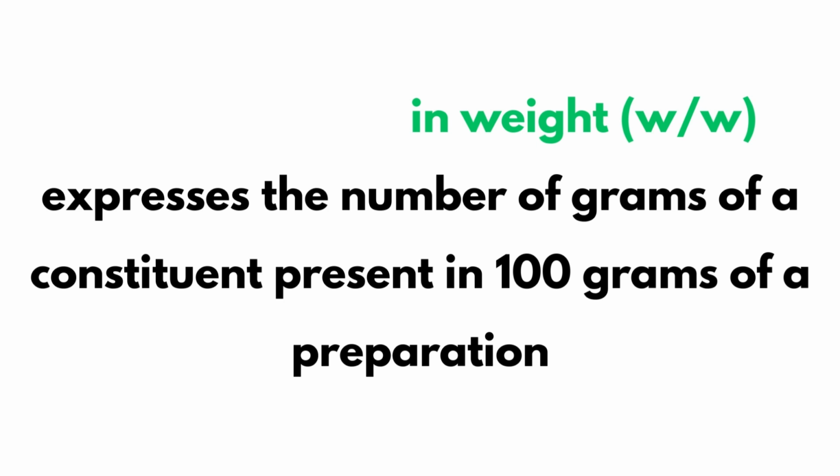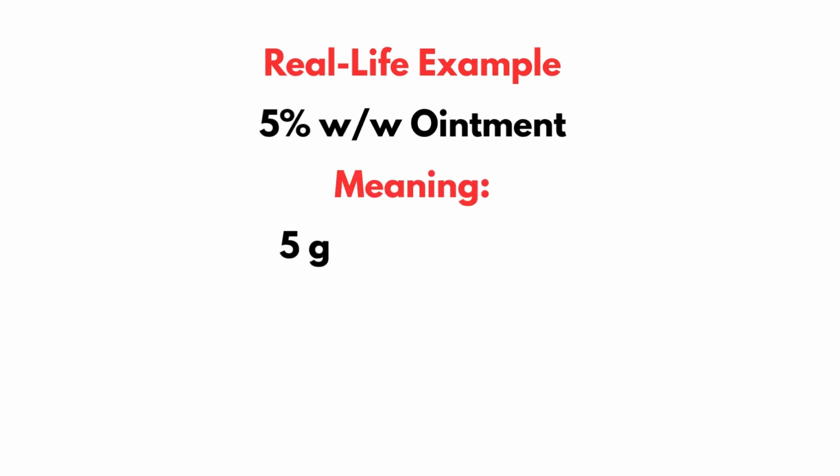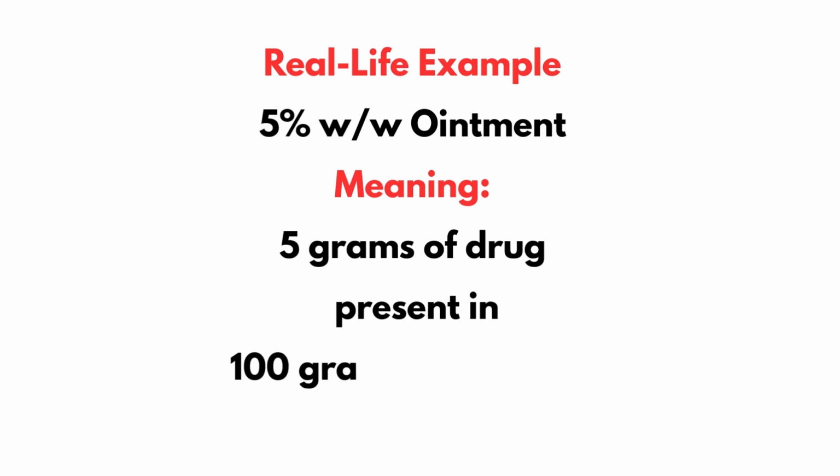For example, let's see 5% weight by weight ointment. What do you mean by 5% weight by weight ointment? 5 gram of drug is present in 100 gram of ointment. When you see any ointment label, you can see that they have written 5% weight by weight ointment.